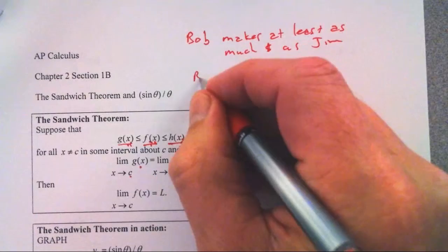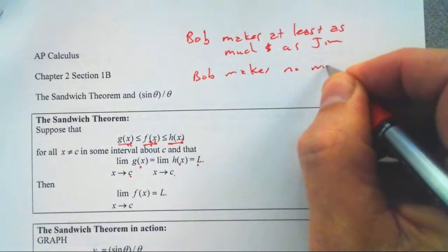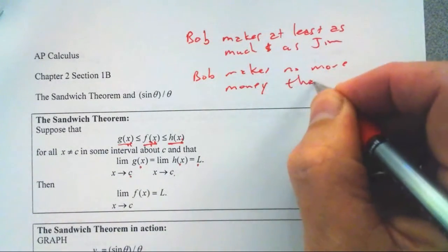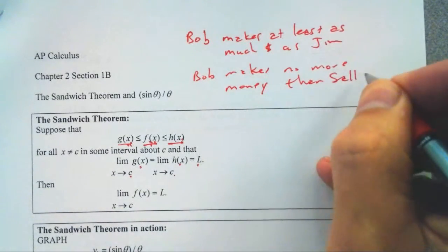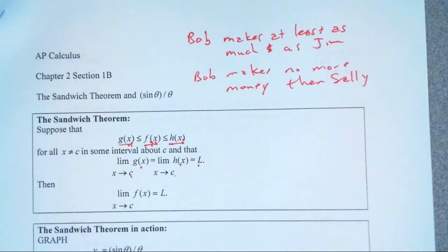And let's say Bob makes no more money than Sally. Let's say that this is just based on daily pay. And let's say Tuesday, Jim and Sally make $125 apiece. How much did Bob make?